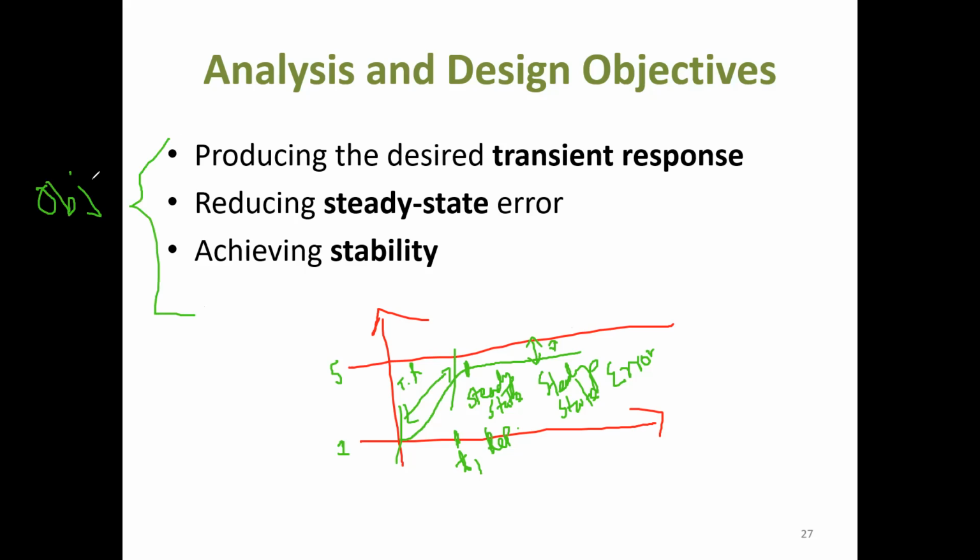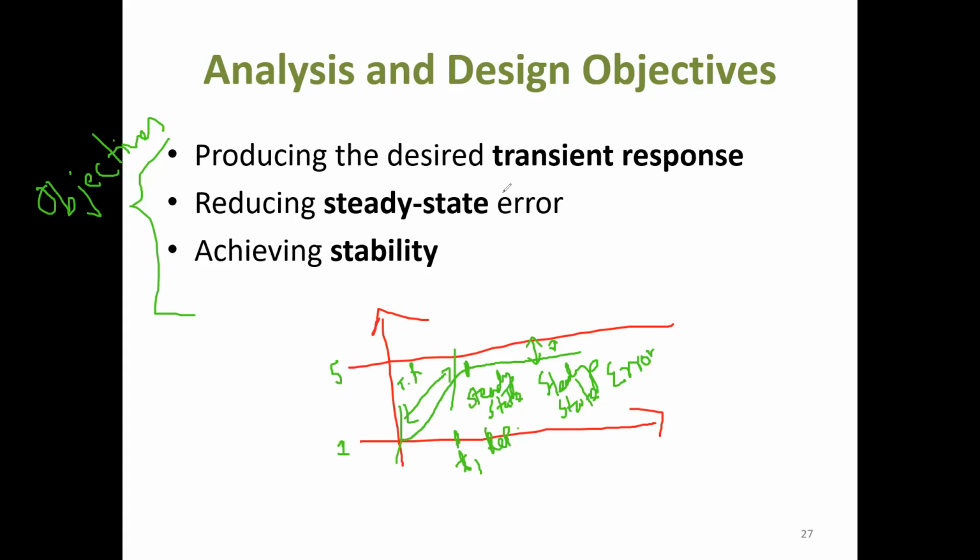So before designing anything, you need some objectives. These are the objectives you need to consider. So what kind of objectives are there? First objective is to produce the desired transient response. Desired transient response means you have a target. So you want to make sure that your designed system will work on the basis of your requirement.